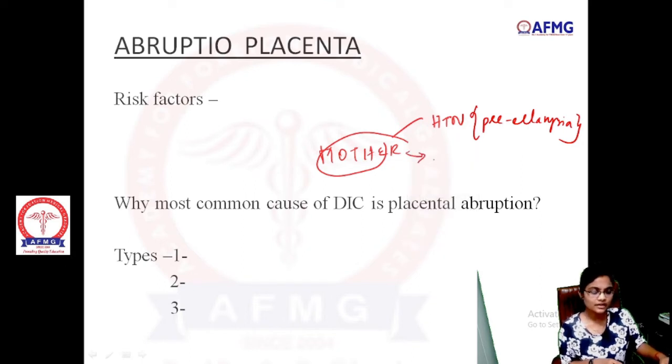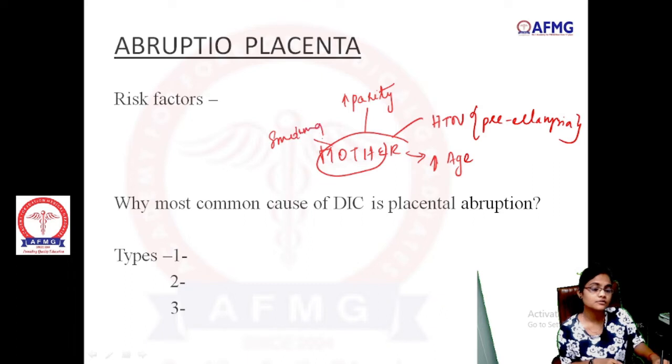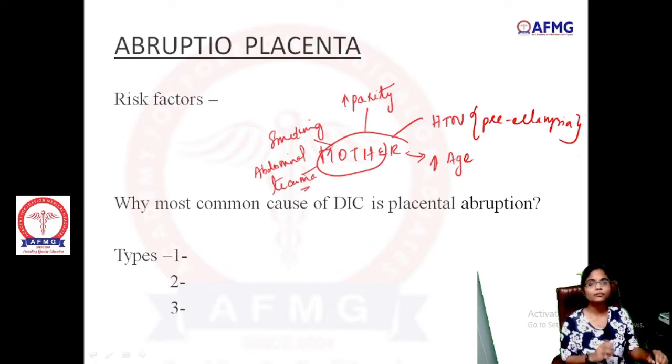One more risk factor is her age, and another is her parity, how many pregnancies she had before. Another risk factor is smoking, right? If the mother is a smoker, that is also a risk factor. Again, if she has abdominal trauma, these are all very important reasons for placental abruption.